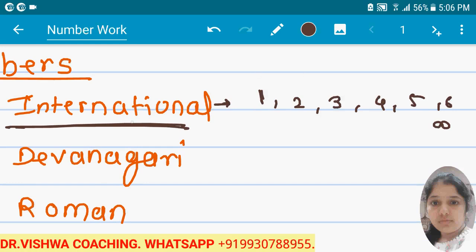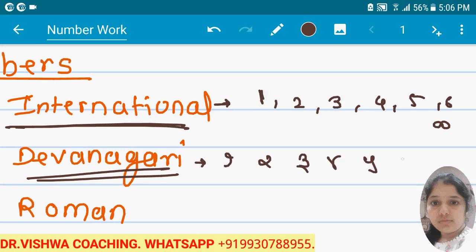In your Marathi textbook, these numbers are written in a different way, like this. This writing format is known as Devanagari Lipi. And we learned about the Roman numbers also in the last lecture.